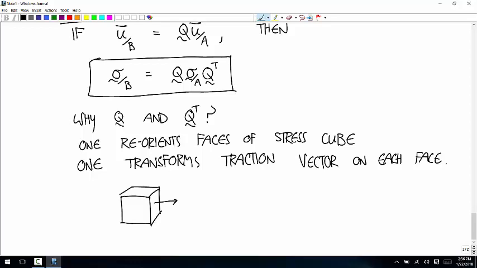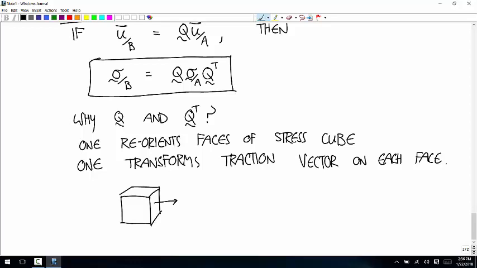A better question would be, where would I see that in normal everyday work? Like, where would I apply this? The main thing is going to be for calculating the principal stresses. We haven't done that yet, but we're doing that soon, probably next class. But in order to do any kind of matrix calculations, you need to have everything expressed in the same coordinate system.